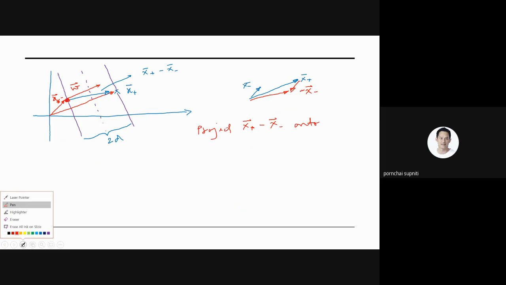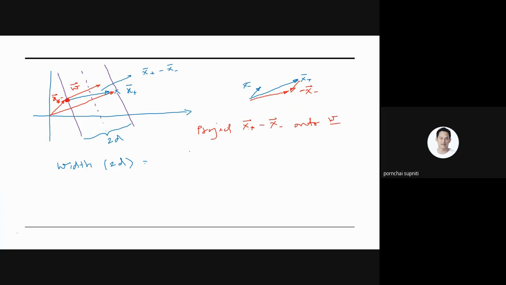So we can project x plus minus x minus onto W, and the size of it will represent the width that we want to look at. So this is the width between two support vectors, or it is equal to 2D.